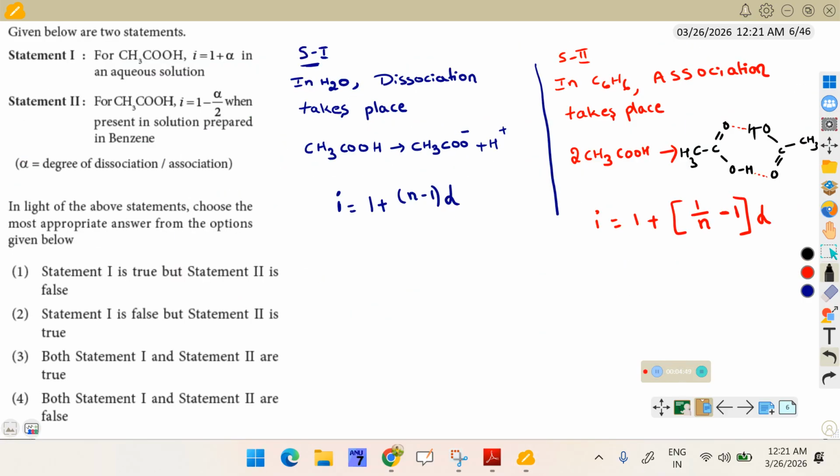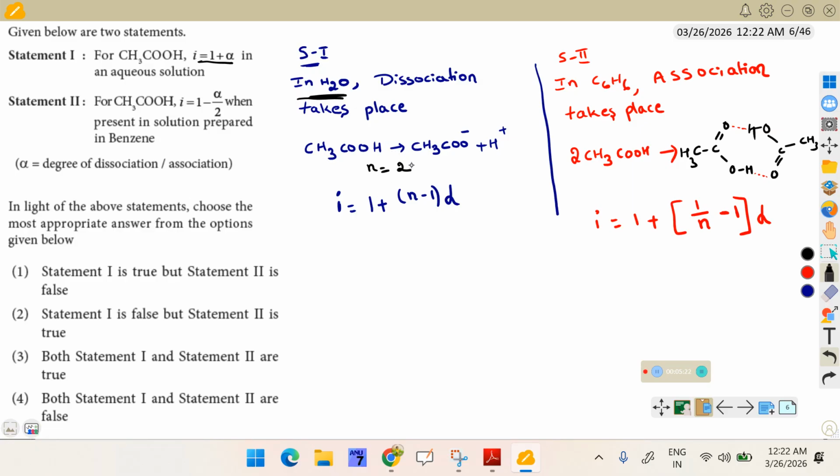Statement 1: For CH3COOH, i is equal to 1 plus alpha in an aqueous solution. In aqueous solution, the solvent is water. CH3COOH is dissociated. CH3COOH dissociates into CH3COO minus and H plus. How many ions are present? 2 ions are present.